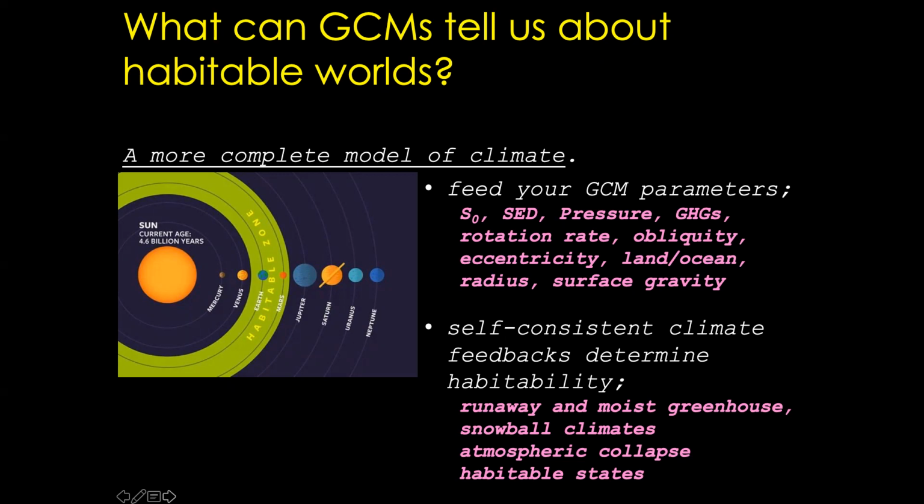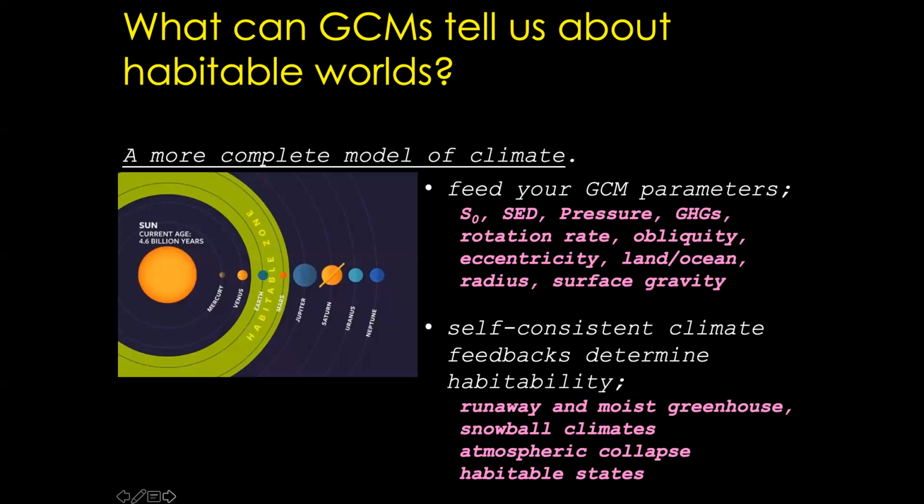and you feed it your parameters, your stellar flux of the planet, your stellar energy distribution, your surface pressure, your greenhouse gas amounts, and then there's certain 3D specific elements such as the rotation rate of the planet, obliquity, things like that.